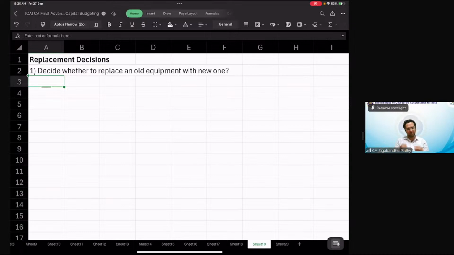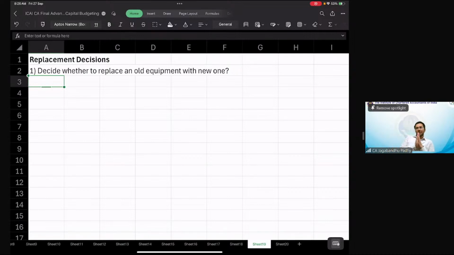So we have to calculate the net present value, but there we have to think a bit, that we're going to look at it on an incremental basis. If I'm going to replace an existing machine with a new one, what are the benefits and the costs from that particular decision?